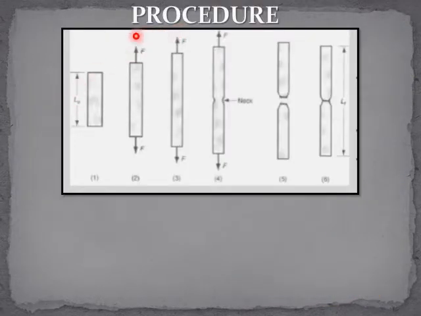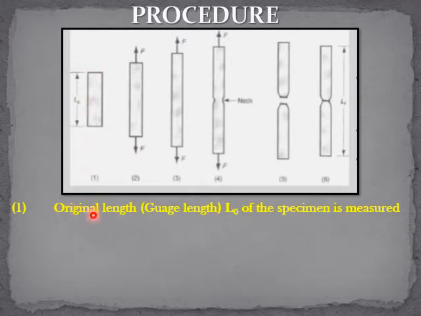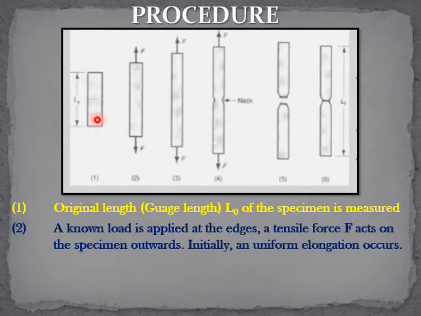What is the procedure or the mechanism involved when a tensile force F acts on the specimen? First, measure the original length or the gauge length L0 of the specimen. When a known load is applied, a tensile force F acts outward.